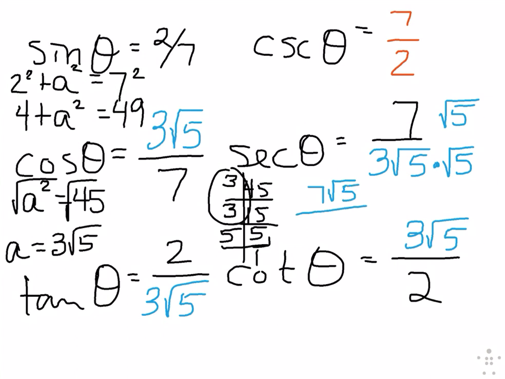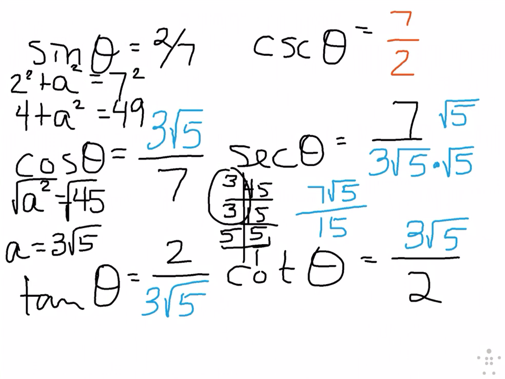On the bottom, what's root 5 times root 5? 5. And what's 5 times the existing 3 that was there? 15. So my answer for that one simplified would be 7 root 5 over 15. Be careful with that one. That's kind of tricky.